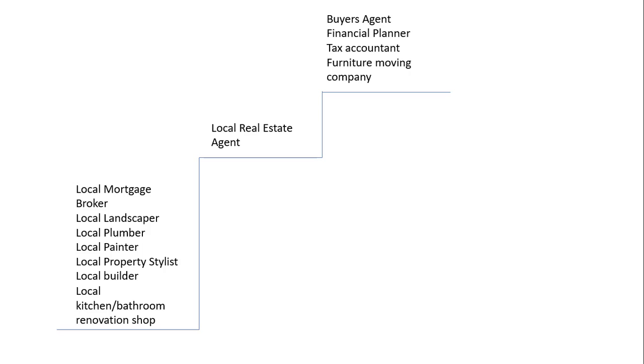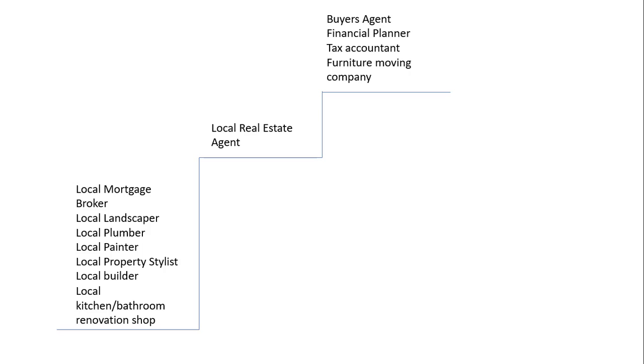These are the people who are likely going to have your prospect vendor as well, because your prospect vendor may contact them to do all sorts of things before talking to a real estate agent, before talking to you. So if you can build a strategic partnership with all sorts of people, like I have listed here, they could potentially send you the prospect vendor.